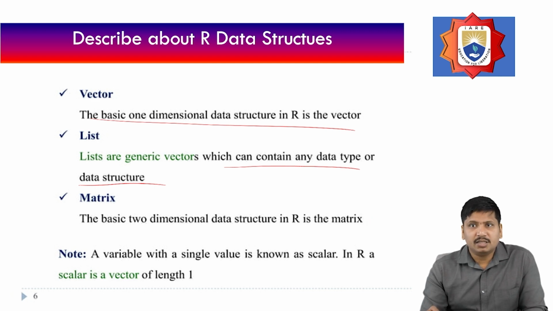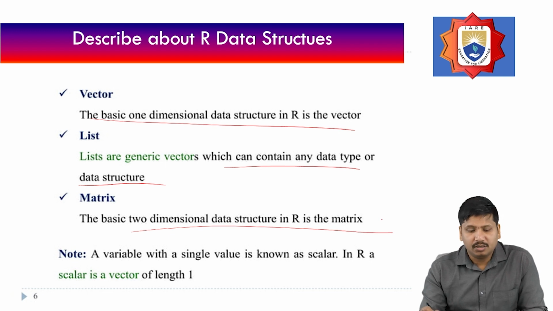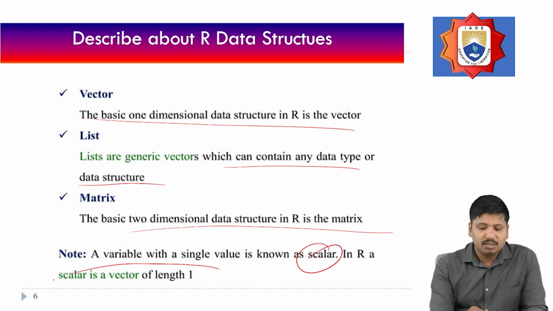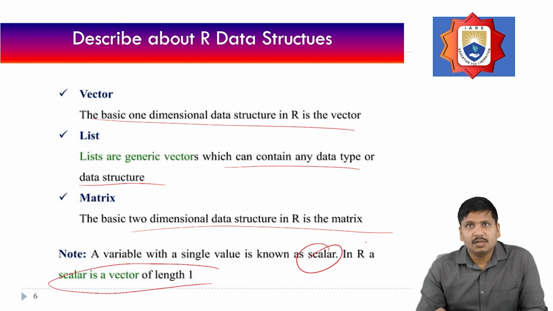A matrix is a two-dimensional data structure in R. A single value is known as a scalar, and a scalar is a vector of length one. So a vector is the basic one-dimensional data structure, lists are generic vectors which can contain any data type, a matrix is the basic two-dimensional data structure, and a variable with a single value is known as a scalar.